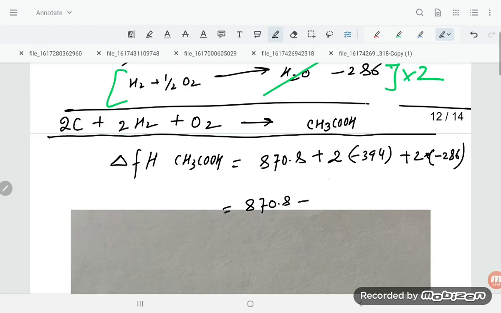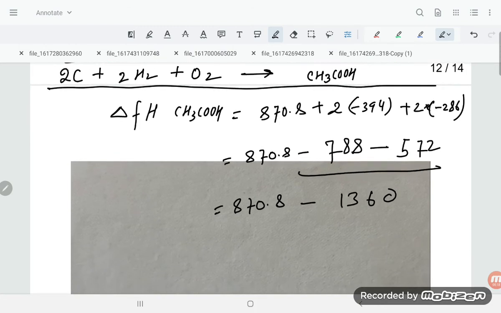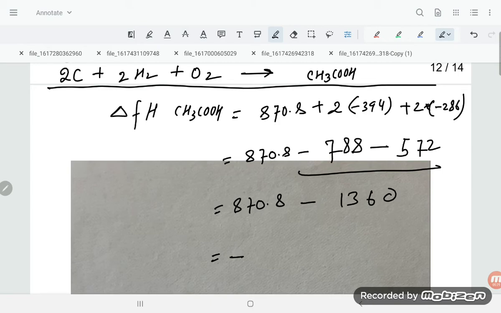If you multiply this value, 870.8, and this will be negative. Working through the multiplication, the two negative values add together, and together with 870.8 the sum comes to 1360. Now this negative sign is bigger, so this will become negative.